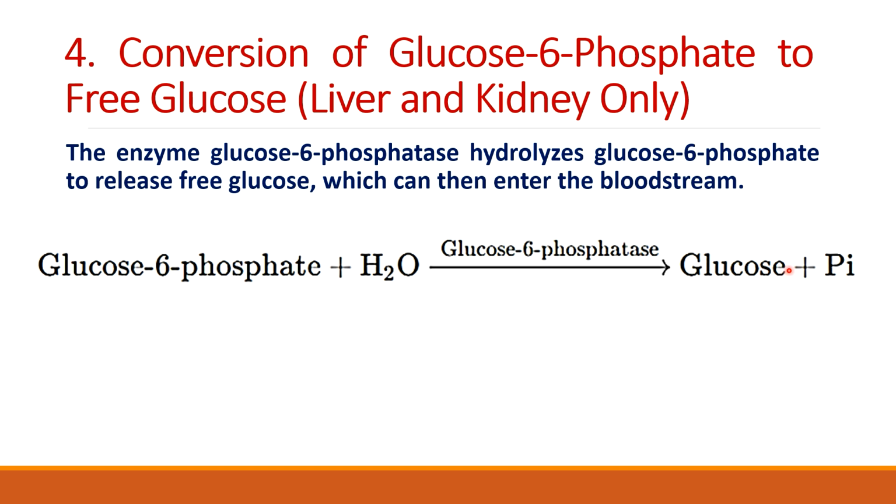This free glucose will enter the bloodstream to maintain homeostasis. While muscle cells lack this enzyme, the glucose 6-phosphate enters glycolysis rather than contributing to blood glucose, meeting the energy needs of the muscle cells.